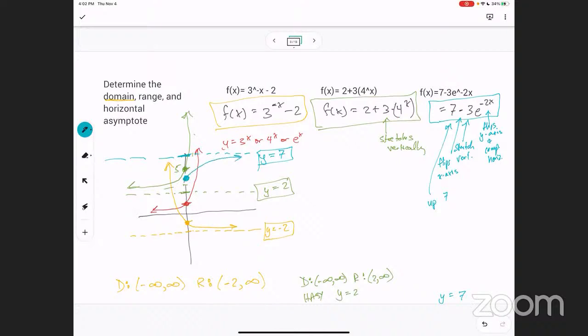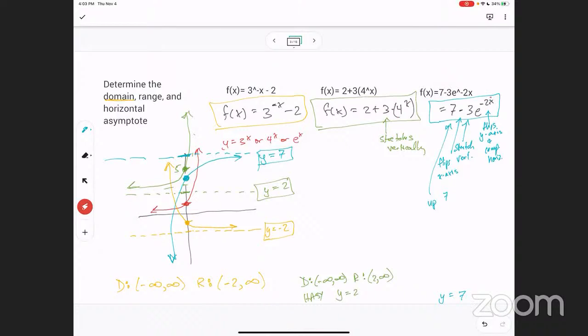Now, if you're not sure that you did that right, plug in a point just to make sure. So that's what I'm going to do. Let's plug in 1 and see what we get. Actually, let's plug in 3. We should get a positive number smaller than 7, 6 point something, right?